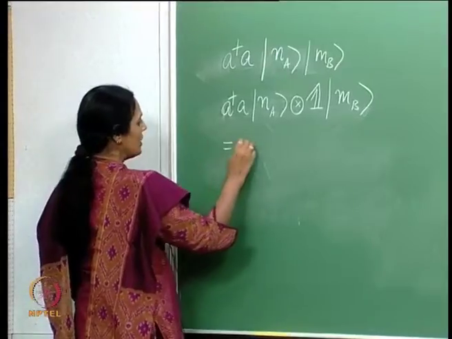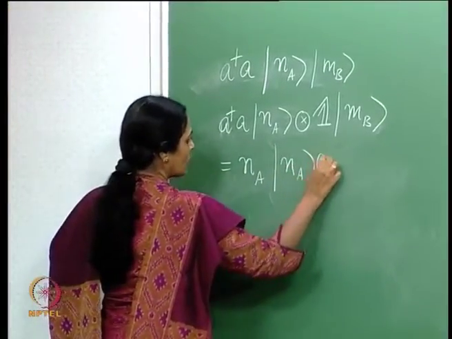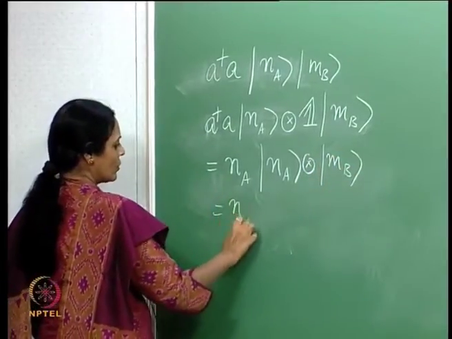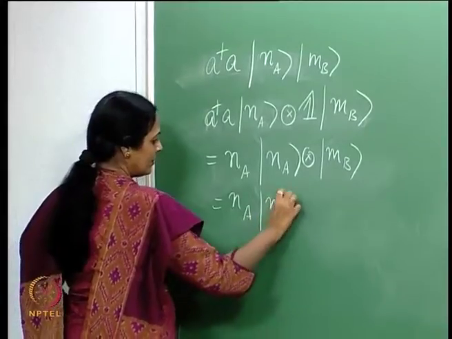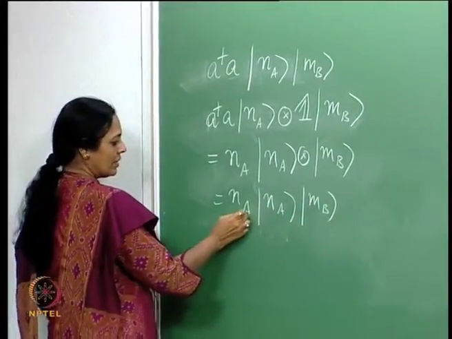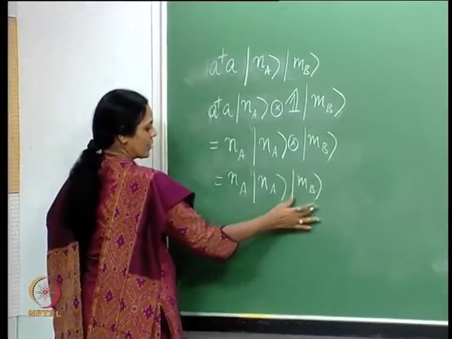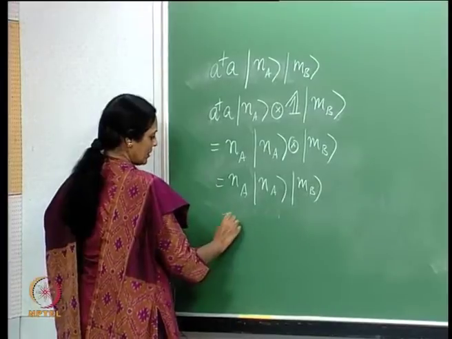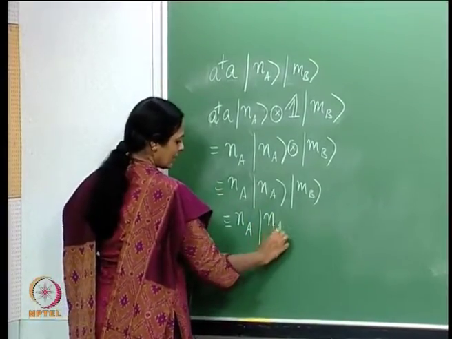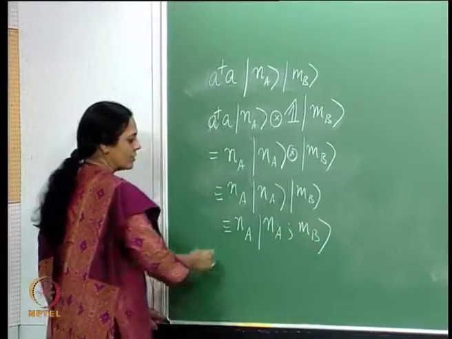So, this gives me Na times Na Mb. In my notation, this would simply be this, where this is a number labeling the state, and this is the net state of the system that is identical to Na and the state written this way.